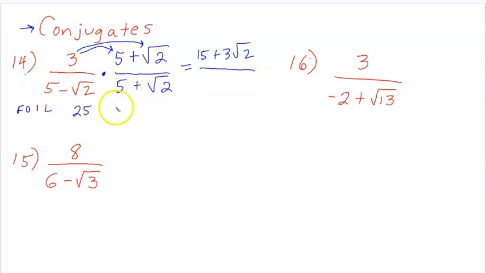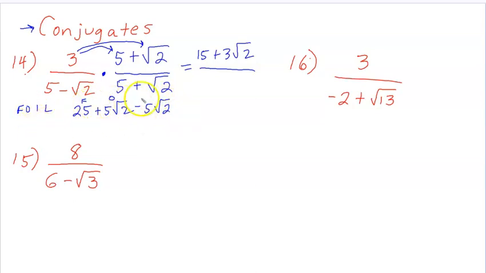And 5 times the square root of 2 is 5 root 2. Okay, so we've done F first, we've done O outside, and now let's do the inside. The inside would be this negative red root 2 times this blue 5. And when we multiply those together, that's just minus 5 root 2.